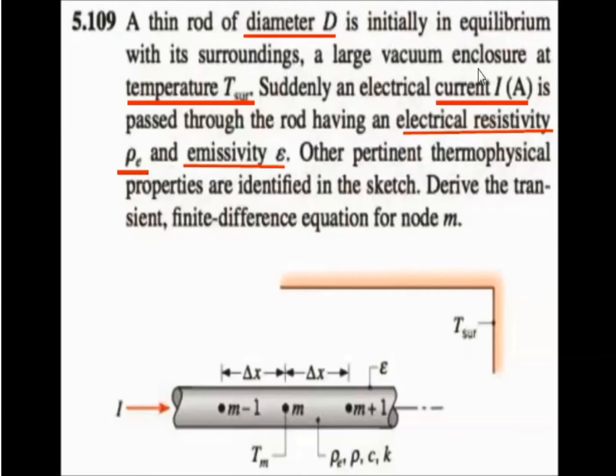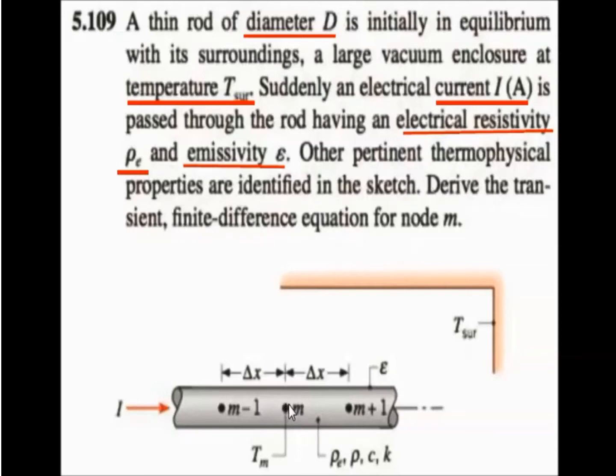It's a large vacuum enclosure at a temperature T surround. Suddenly, an electrical current I is passed through the rod, having an electrical resistivity of rho sub E and an emissivity of epsilon. The other pertinent thermophysical properties are identified below in the sketch. We need to derive a transient finite difference equation for node M.